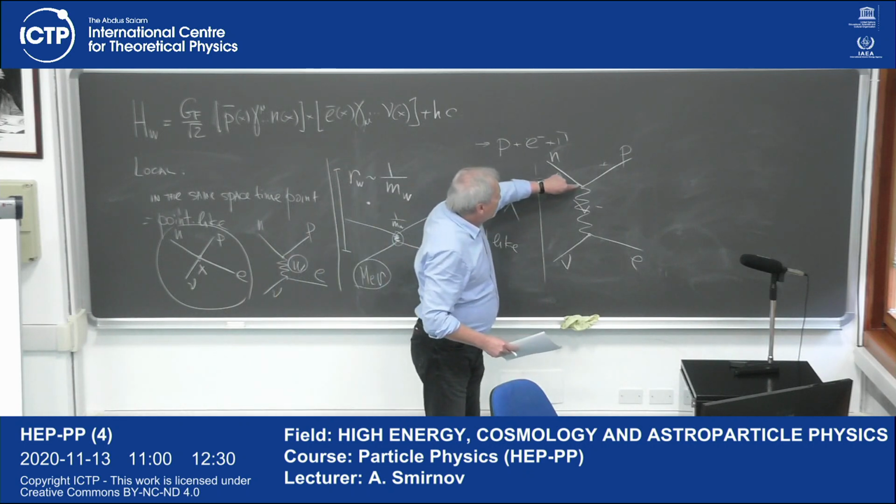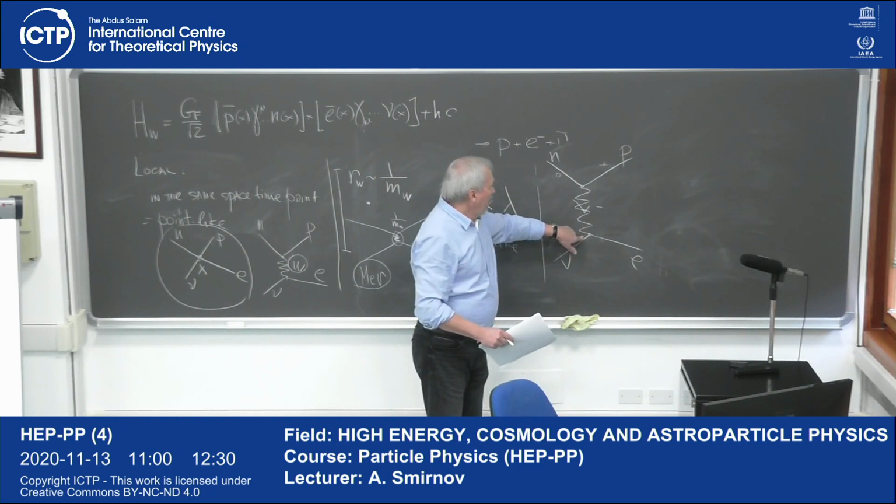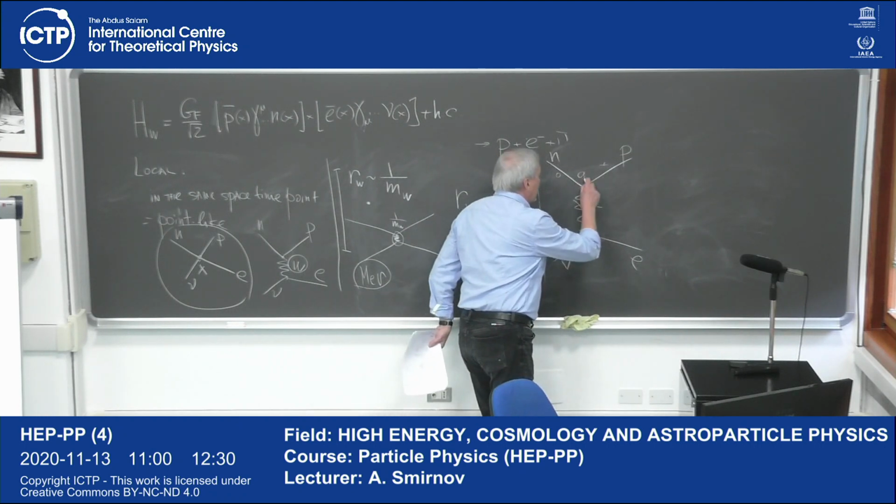Now we have two vertices, similar to what we have in electromagnetic interactions. The coupling constants, G and G here, are dimensionless, as in the case of electrodynamics.